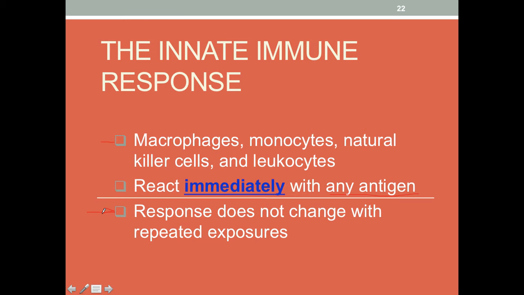The next time our system encounters the same pathogen, the same type of response will be launched. This is not adaptive. The response does not change. This is the primary or first response, but it is not specific. It is not adaptive. The good thing, though, is that this reaction is quick, so we can have an immediate response, which is essential.